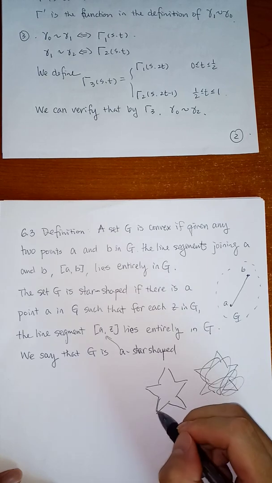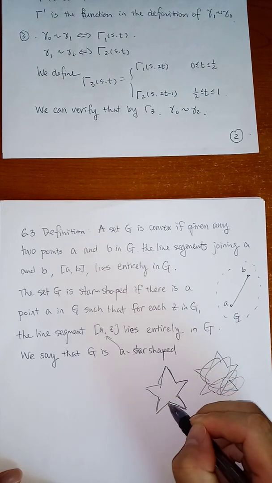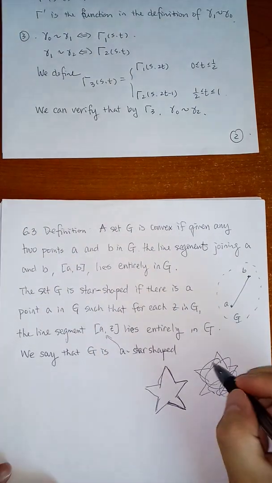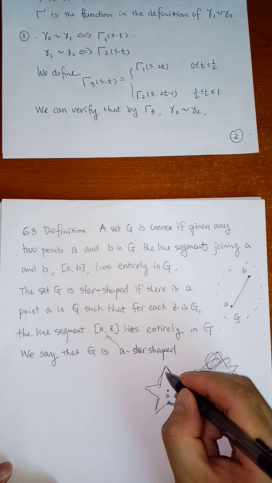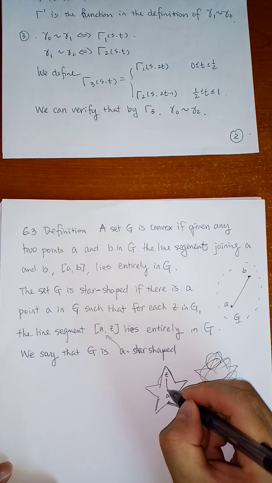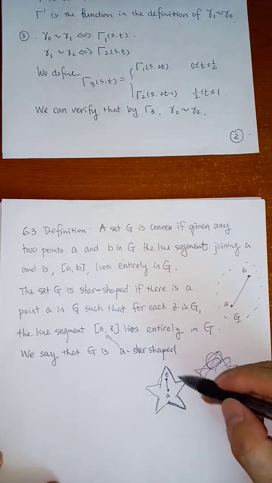Yeah, this one. This is the one I want. The star. This is a star-shaped region. So you can pick a point A here, then any Z here, you can connect A and Z, and this segment is entirely inside this star.